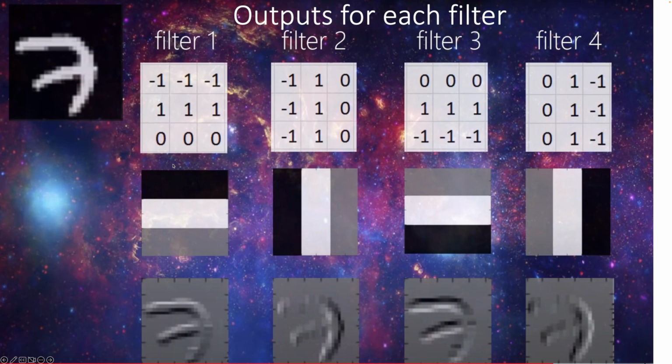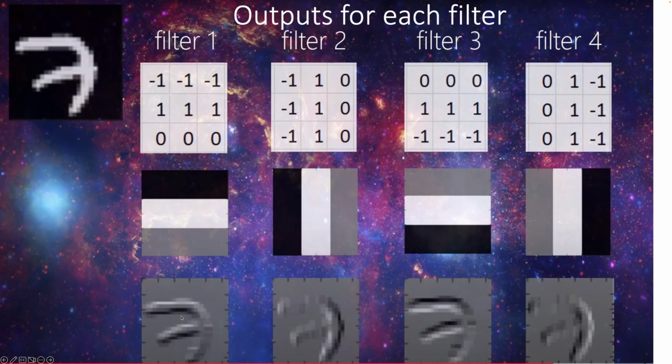Anywhere where you see bright white would be the areas that are passed through the filter. So this is showing us that we have a top edge detected because we see very bright pixels here on the top.